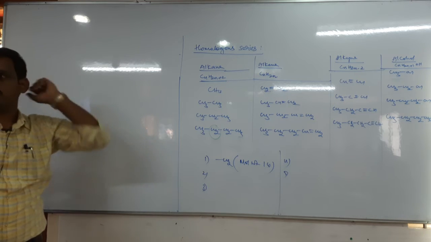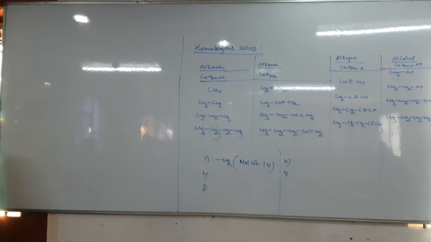One: two consecutive or successive members differ by a CH2 group, and the molecular weight differs by 14. Two: if a functional group is present, all the members must have the same functional group.